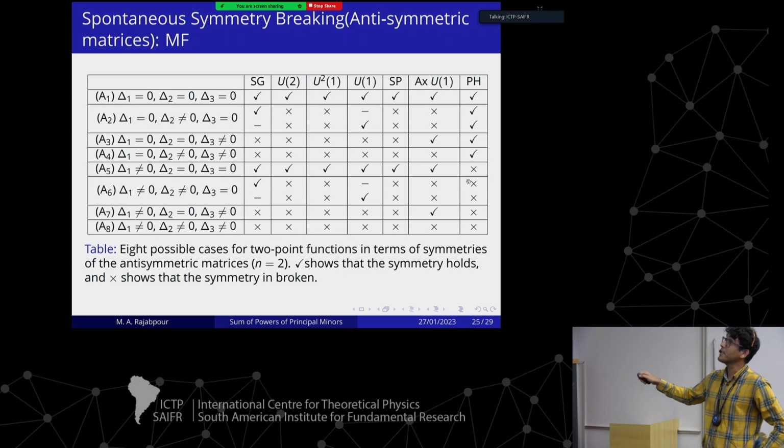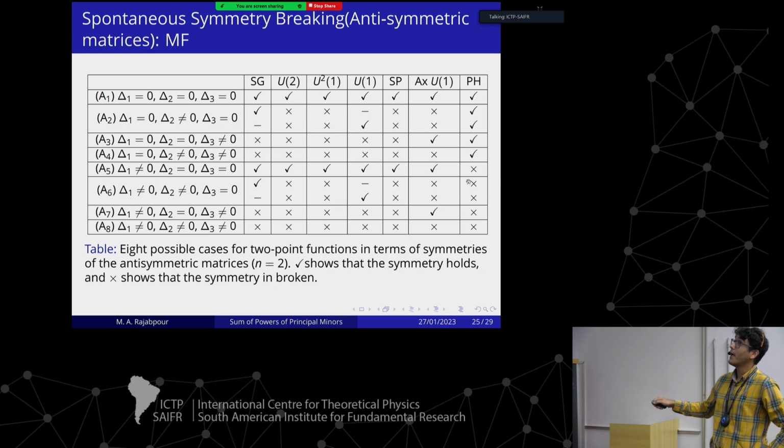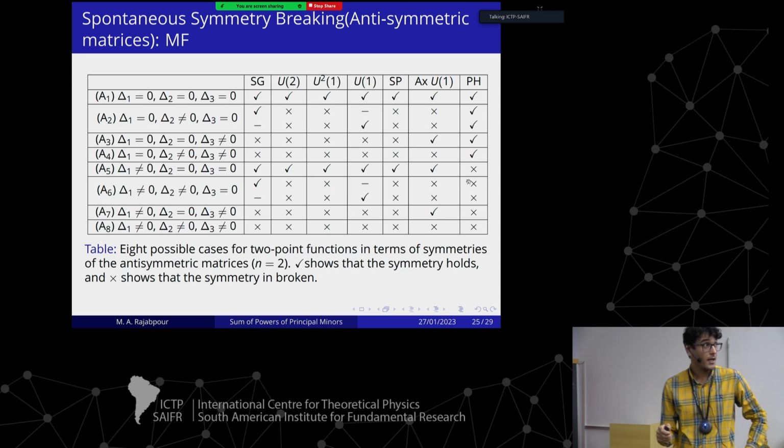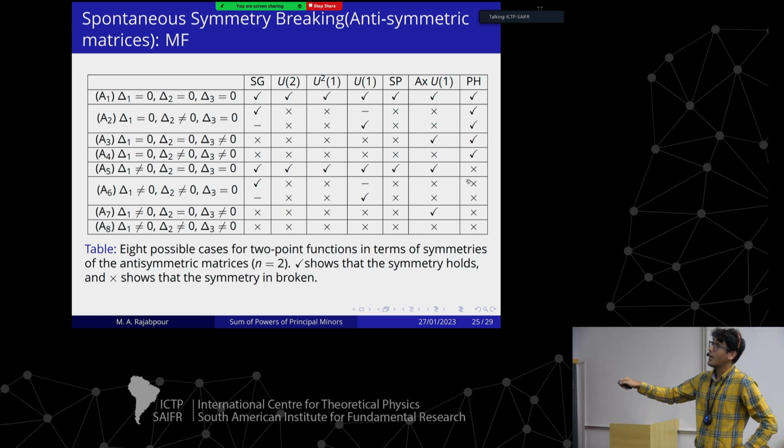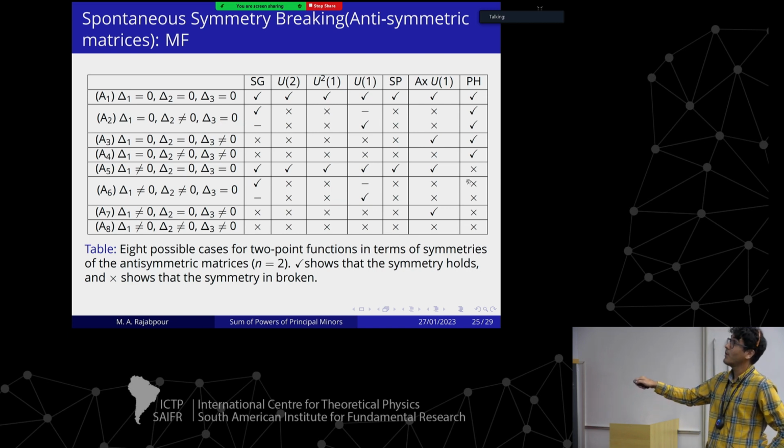Now, depending on what values we get for the deltas, we break different kinds of symmetries. If all of them are 0, we have this whole bunch of symmetries. When some of them are non-zero, some of the symmetries are broken. In the case of the Ising chain that I talked about, the case that happens is this one, in which we actually break everything except the axial U1.